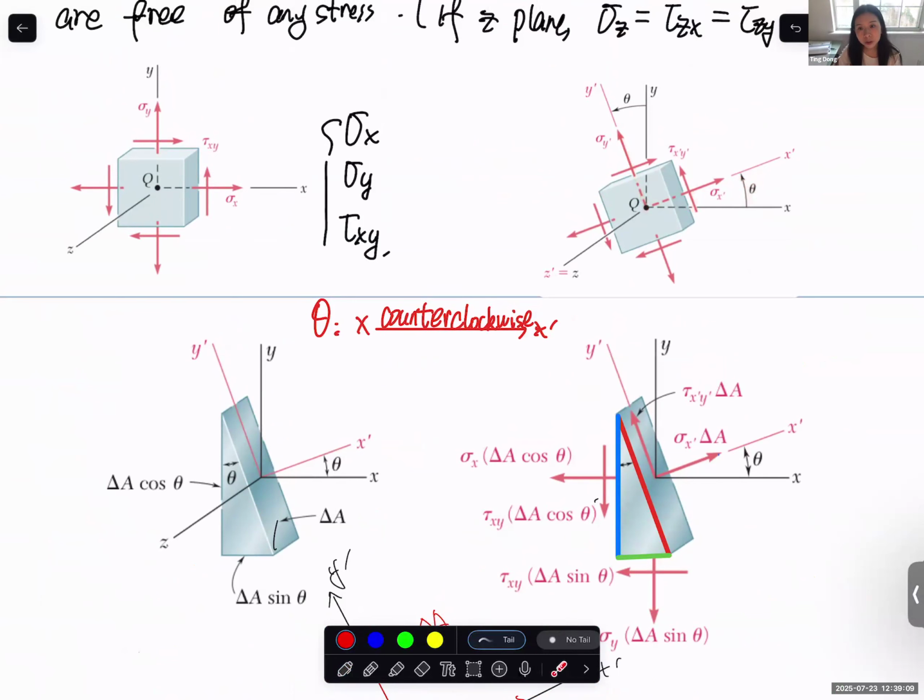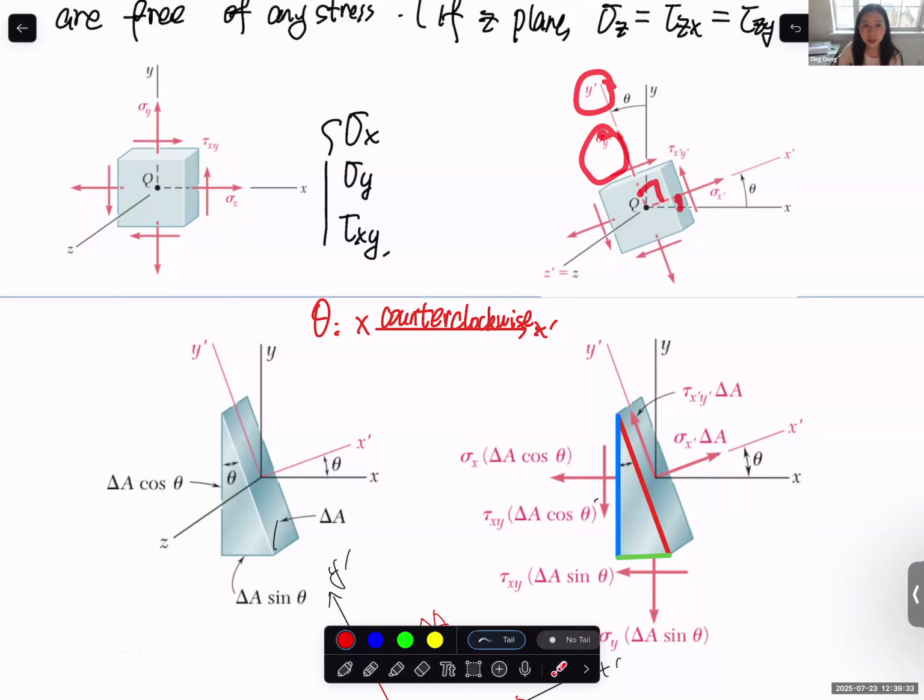So in the equation that we already derived for sigma x prime, if we replace theta with theta plus 90 degrees, we get the expression for sigma y prime. There's no need to do a new set of free body diagram and equilibrium. Of course, you can do that. You get the same answer. It just takes more time.